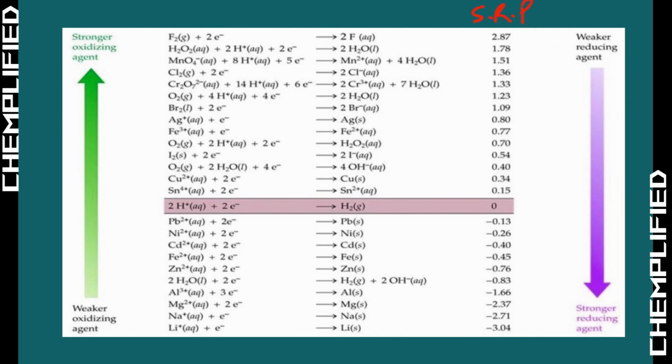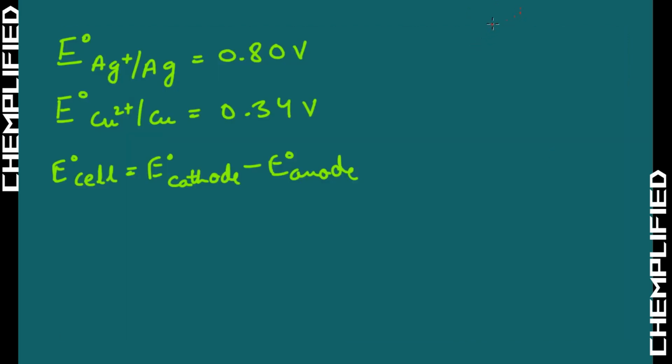Let's take some examples. Now we will talk about our trick. This is our first example, and this is our formula. Just by looking at the values you can decide which one is cathode and which one is anode. To find the value of electrode potential you will be provided with two values, just like this example.